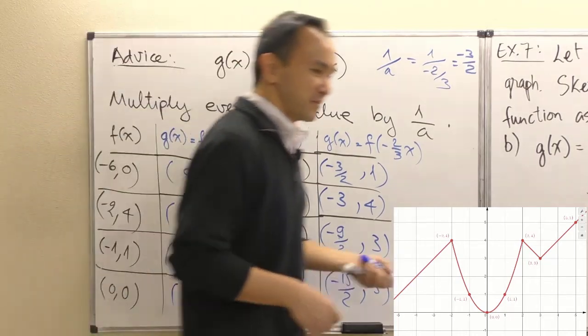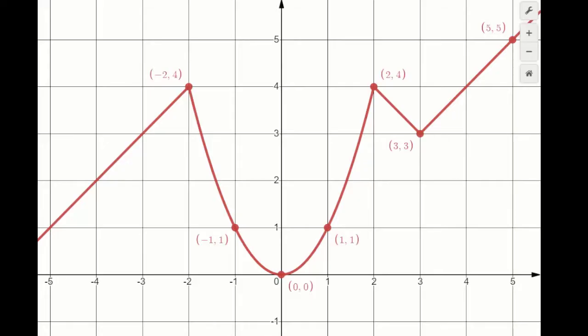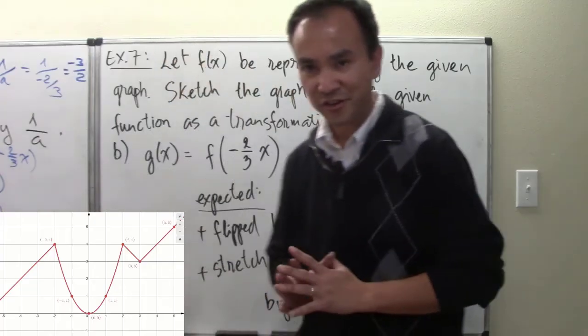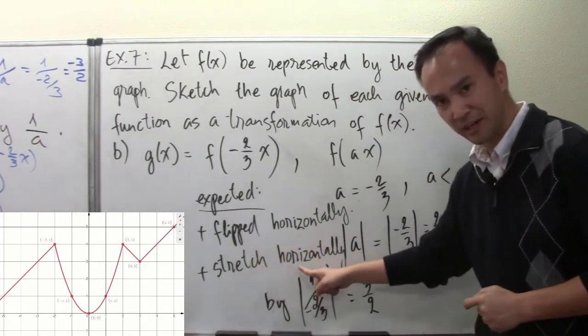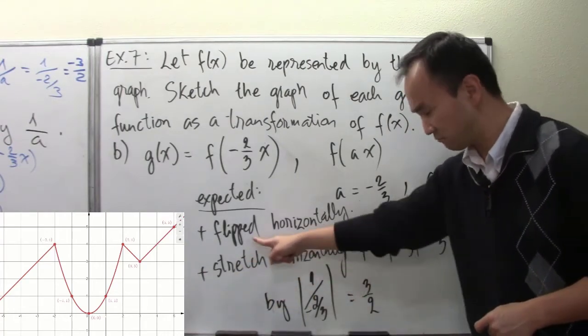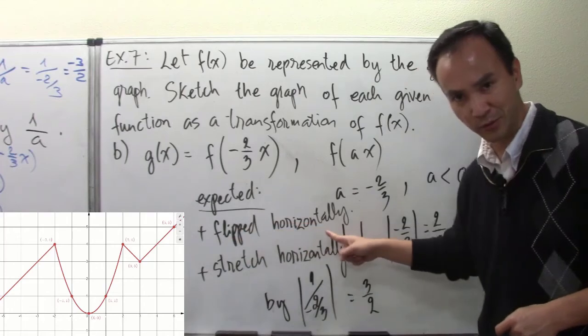Okay, so now I'm going to swing into the graph right here. All right, and then let's now have a look. So with this graph right here, as I have mentioned earlier, we expected some flip horizontally.